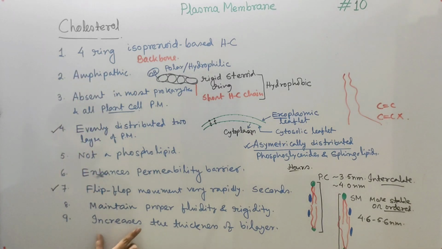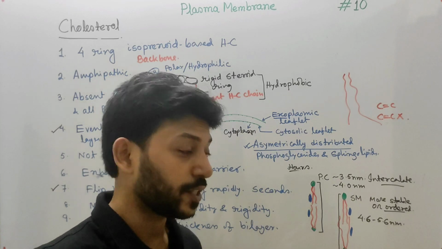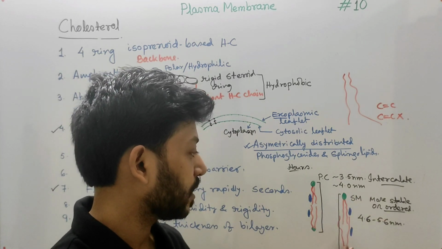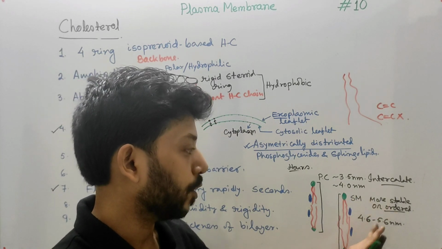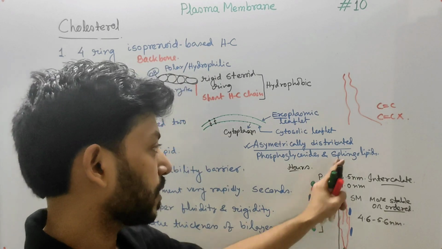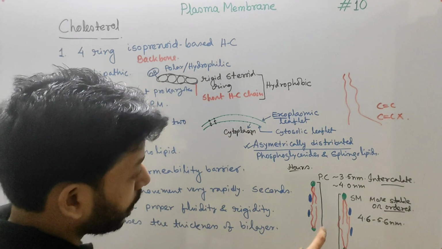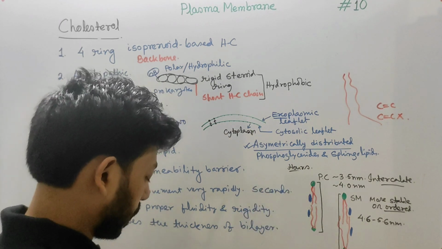So it is only for phosphoglycerides, not sphingolipids, and the reason is that the fatty acid chain length is longer and more saturated. I have discussed this in my phospholipids video. So cholesterol increases the thickness of the bilayer, but remember the condition is that it should be a phosphoglyceride.